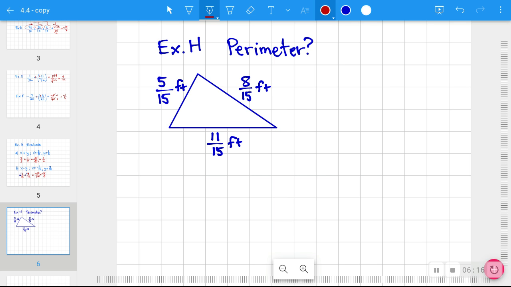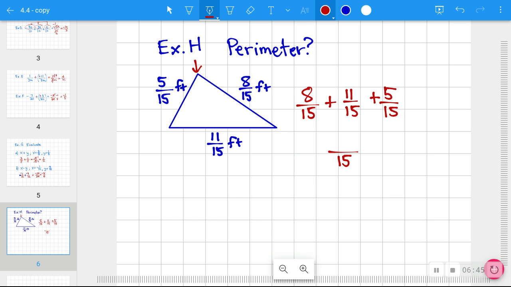Okay, perimeter is the sum of the side lengths. So if you start in the top corner and work your way clockwise, that's an arbitrary choice, but that's how I usually do it. 8/15 feet plus 11/15 of a foot plus 5/15 of a foot gives a grand total of how many 15ths?